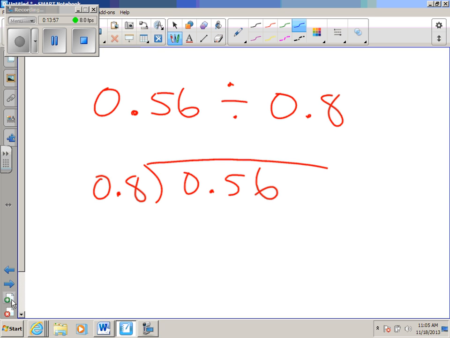So if we are going to take care of the decimal first, I want to make sure that what's on the outside, what I'm dividing by, is a whole number. How am I going to make a 0.8 a whole number, Alexis? One place. So if I went one place on the outside, how many places am I going on the inside? One. That's going to put it in between the 5 and the 6.